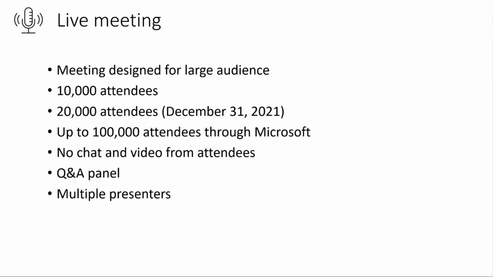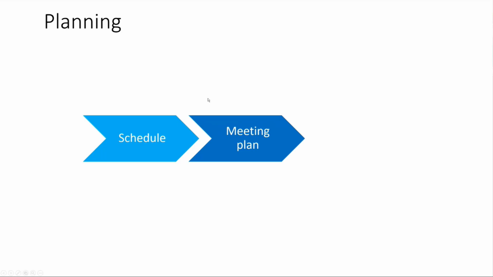So that's about the 4 types, but let's go to planning, because it's the very important part. So first, scheduling options. You have to schedule your meeting, send the invitation, and grab all people required for your meeting. Then you should have some kind of meeting plan and send this meeting plan to your attendees.